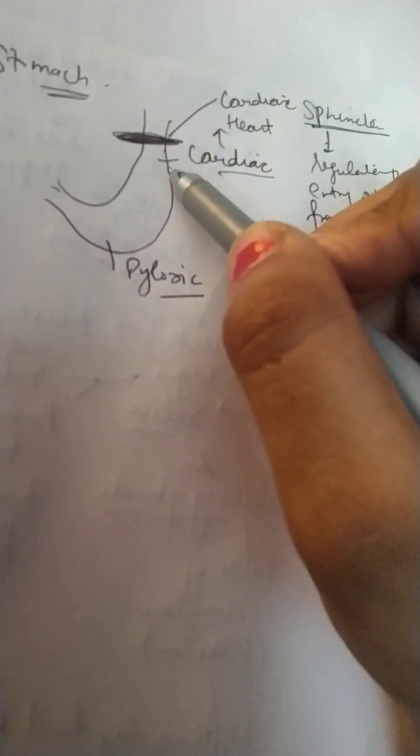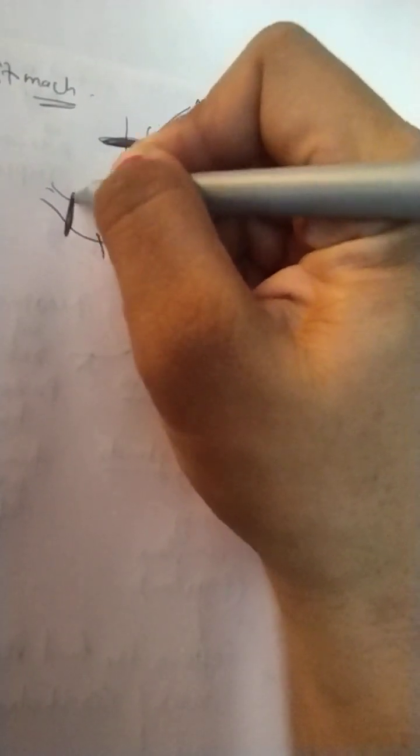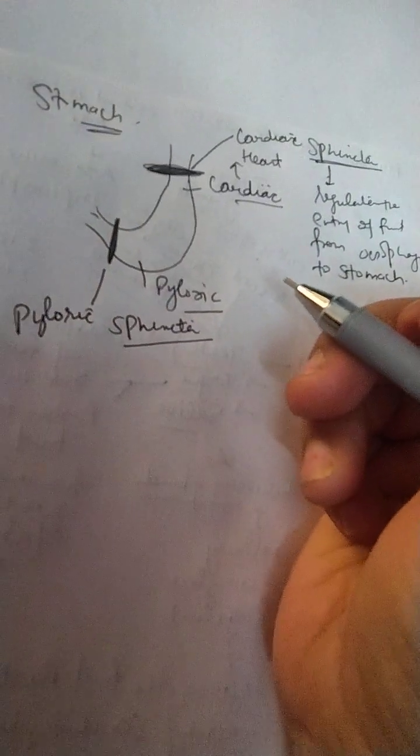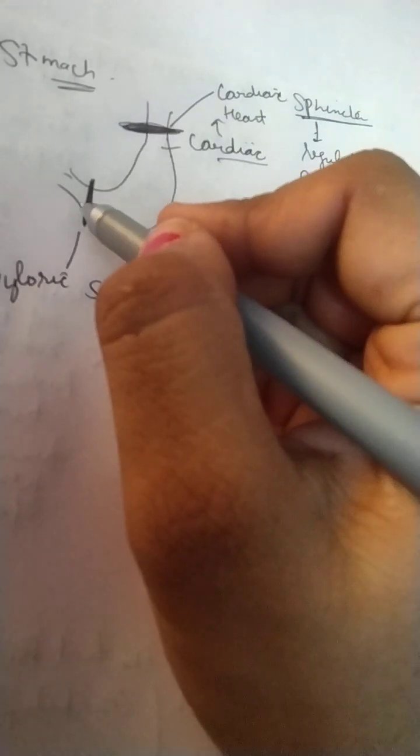Once the food enters into the stomach, this sphincter will prevent the backward movement of the food from the cardiac part of the stomach to the esophagus. The second sphincter is the pyloric sphincter. It also stops the backward movement of the food from the small intestine to the stomach.